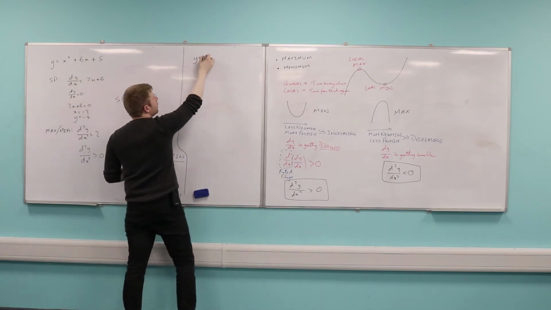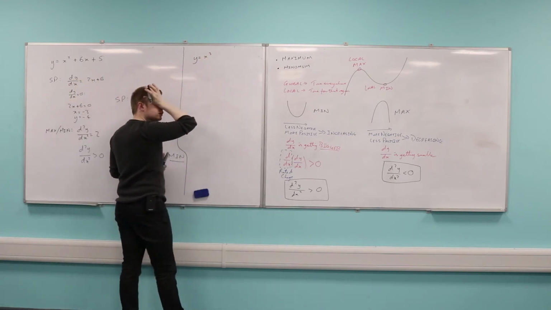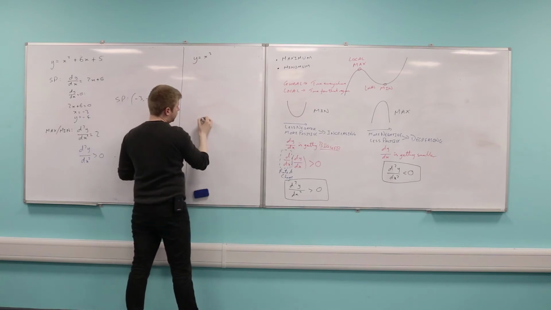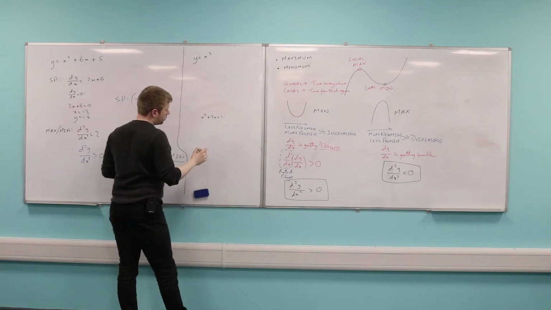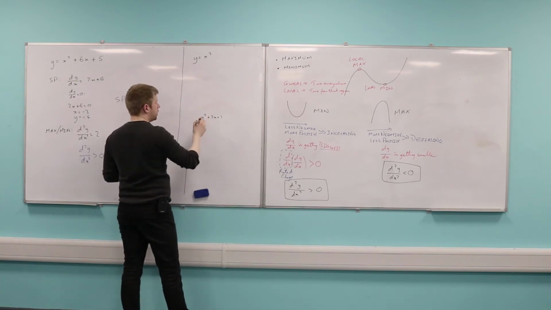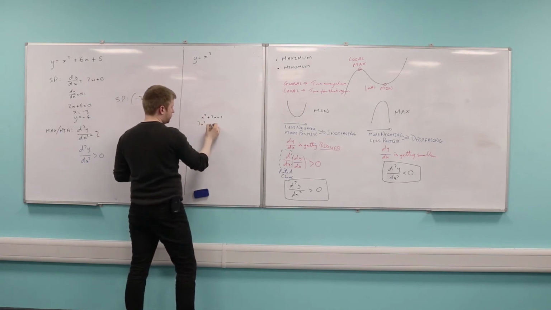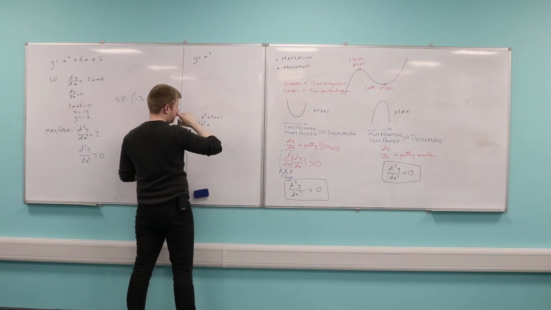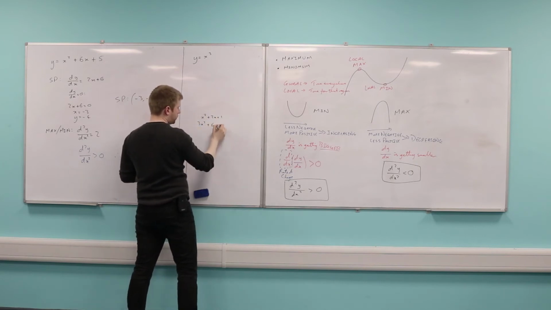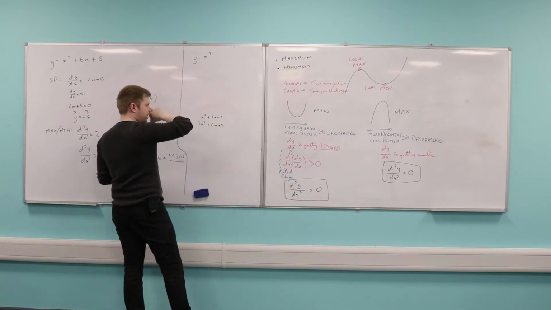I'm trying to make it relatively nice. In fact, let me just write it down quickly. I want x squared plus 1. So I want this to be 3x squared, 6x plus 3.